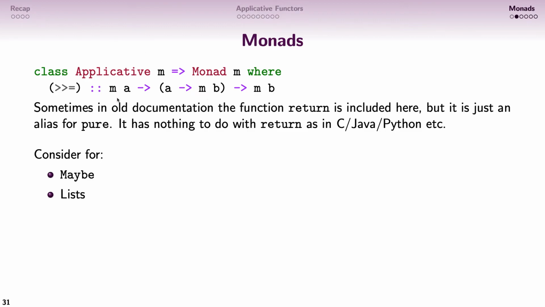Monad basically just gives you this extra method here, which we've seen before. It's called bind, right? It takes an M of A in general.